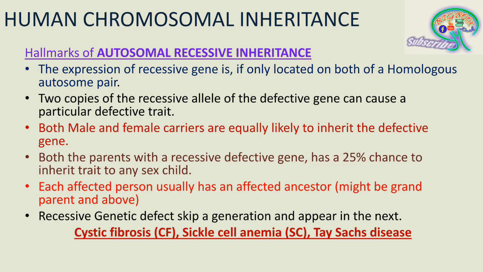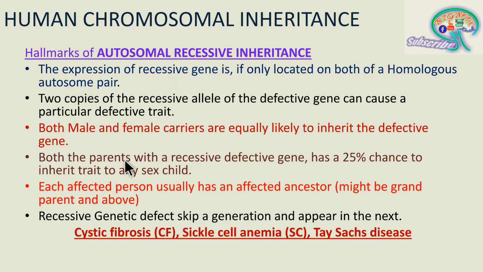If not present in the homozygous form, the heterozygous individuals are called carriers. Carriers are going to carry that defective gene generation by generation. The expression of that defective gene happens only when they come across the recessive gene again, which is the homozygous type.